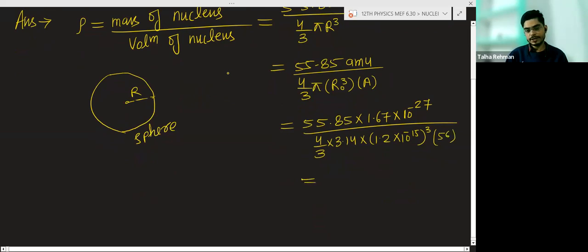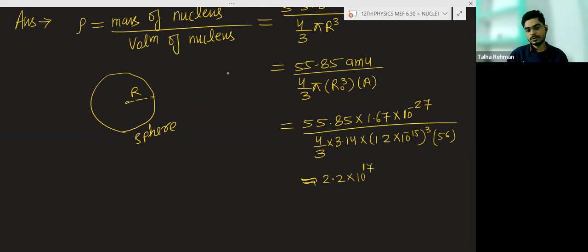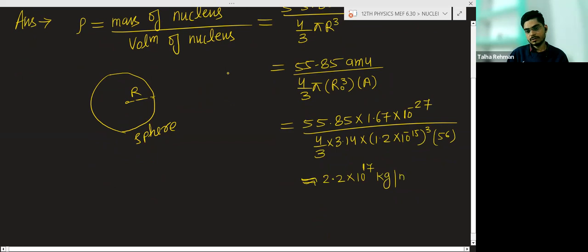So after calculating, approximately the answer will be 2.2 multiplied by 10 to the power 70 kg per meter cube. We do not have time, otherwise I will calculate this.